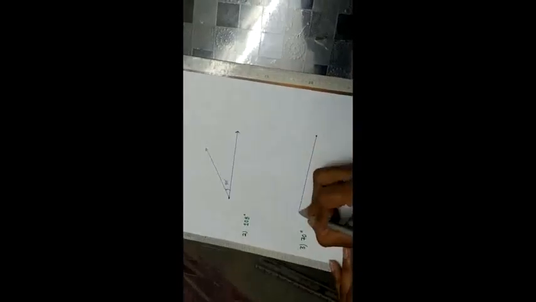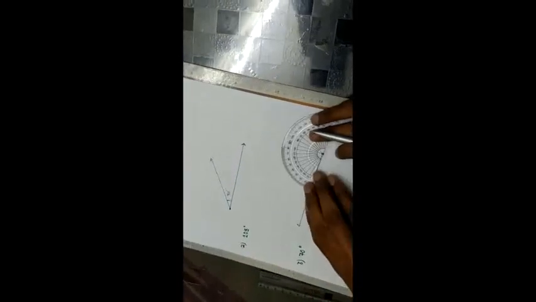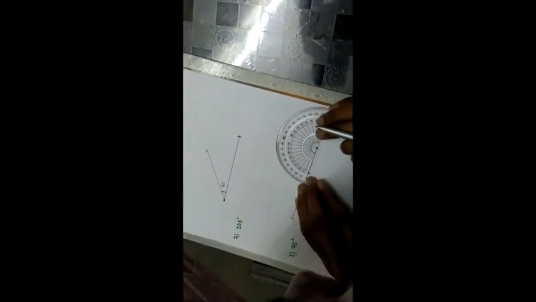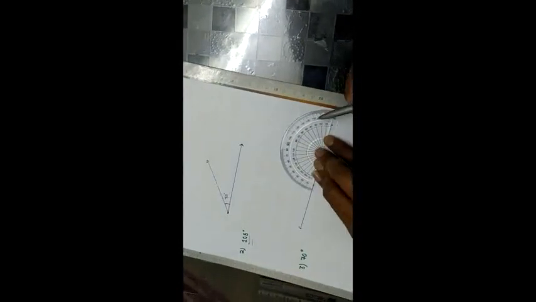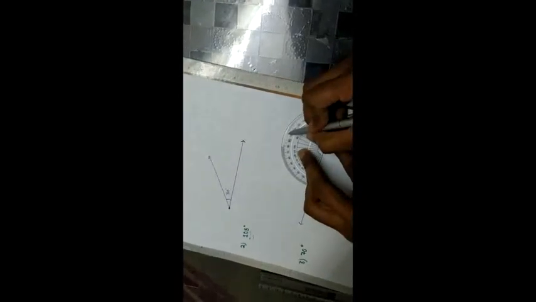This time the ray is going to left side, so we match both the points, and now we have to draw a 105 degree angle. 105 means in between 100 and 110 here.